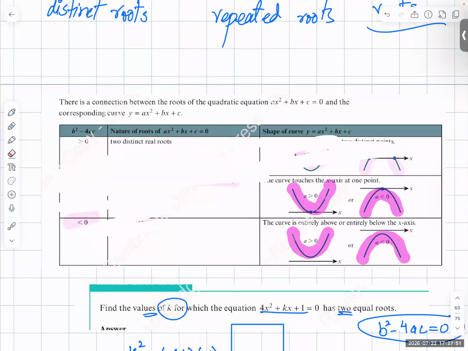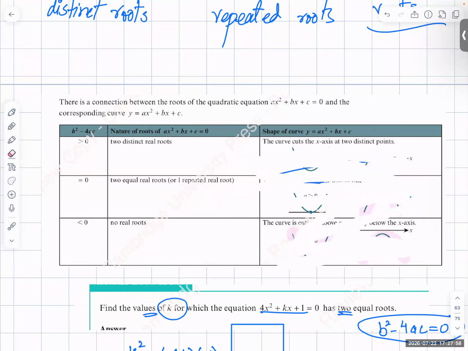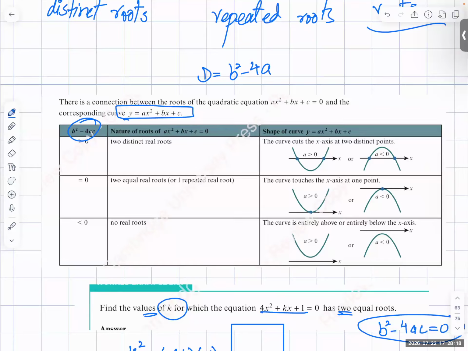Whenever we have a quadratic equation like this, ax squared plus bx plus c, when we solve it, the discriminant is the thing that comes under the root, b squared minus 4ac, right?